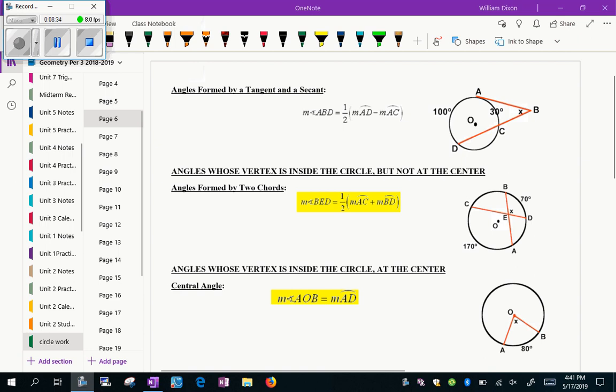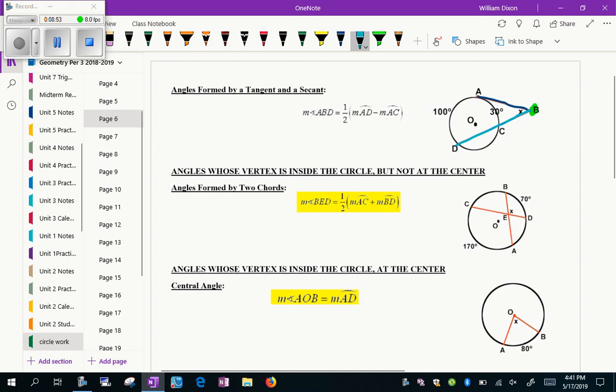And the next one is angles formed by a tangent and a secant. Okay, so again, our angle B is outside of the circle, and it's formed by AB, which is tangent to the circle, and BD, which is a secant to the circle.